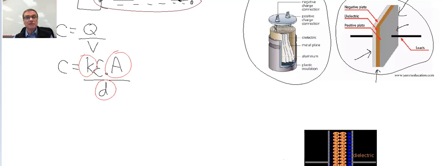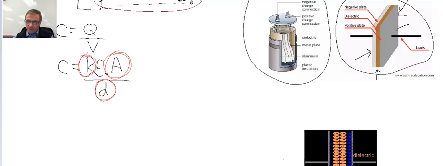Two is the distance d between the plates. Three is the dielectric value k. I can't modify epsilon 0, but I can modify the others. The area is the area of the plates themselves, d is the separation between the plates, and k is the dielectric value of the material we put between the plates, which will increase our capacitance by some amount depending on what the dielectric value is.